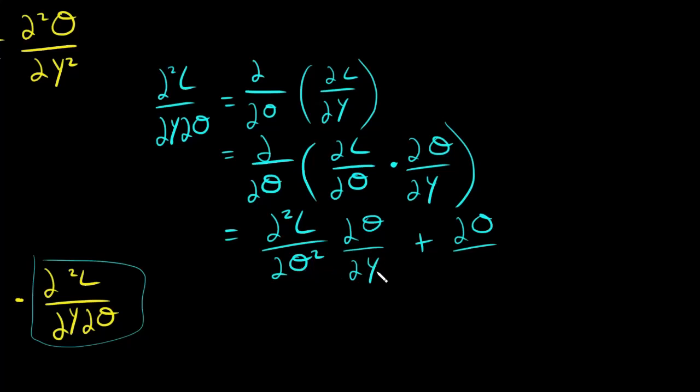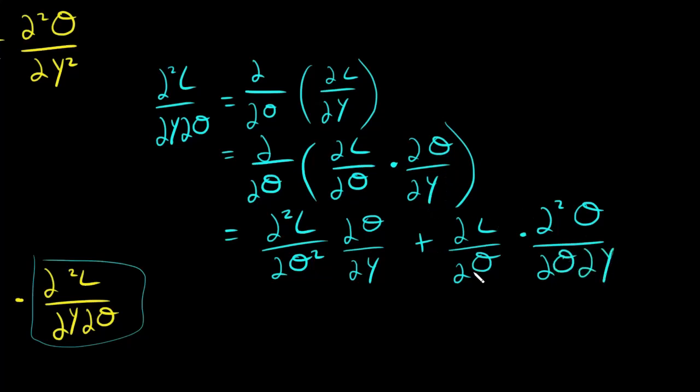The derivative of the first times the second, plus the first times the derivative of the second. All right, and note I'm taking the derivative with regards to theta right now. Okay, so that's not dy squared, but it's d theta dy. Okay. So you have to be really careful when you're doing that product rule that you're making sure you're doing the derivative of the correct thing.